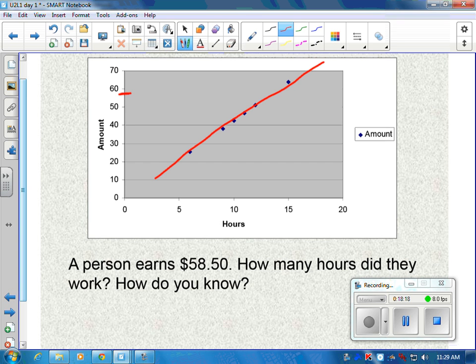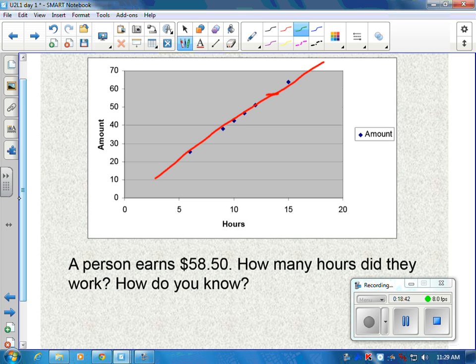Now, how am I going to figure out how many hours they worked? Jacob? Graham? So like right here? And then how am I going to figure out that number of hours? Where do I look? So which values? The X value.